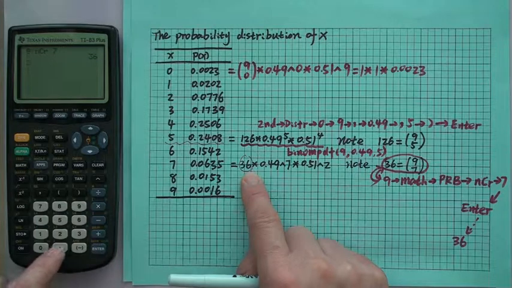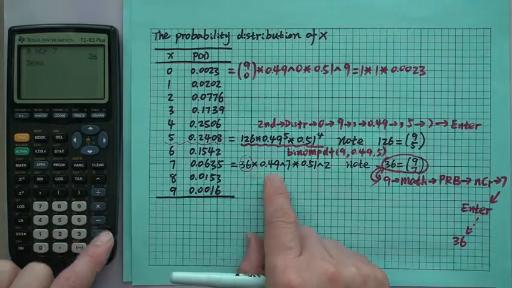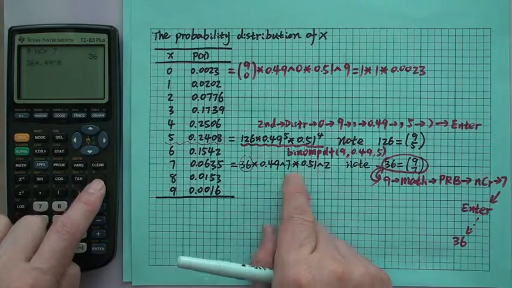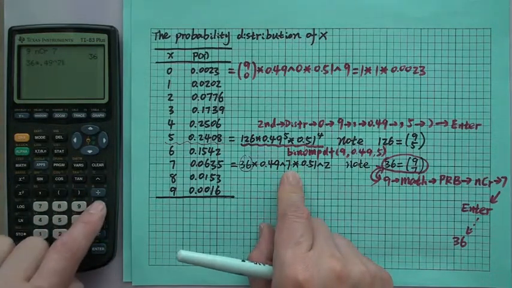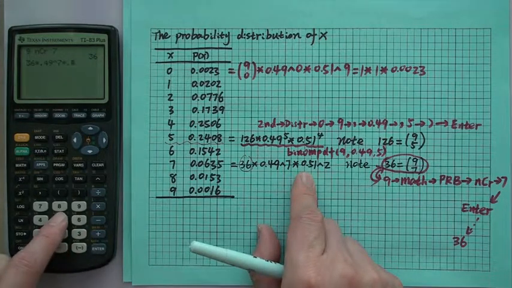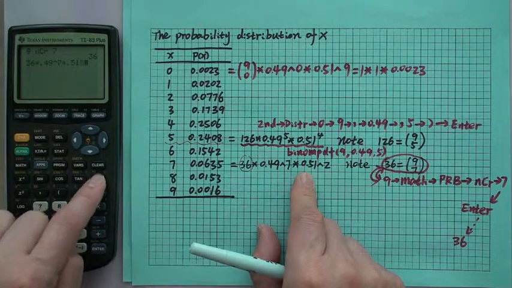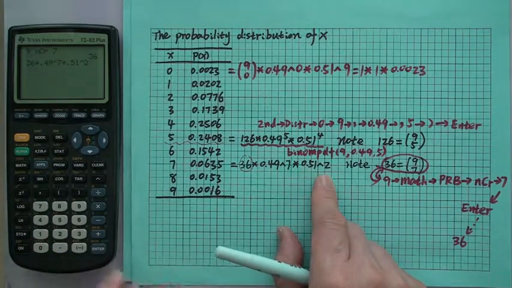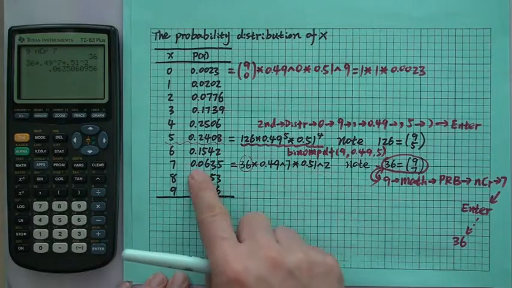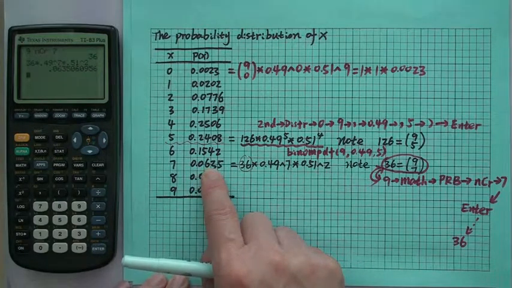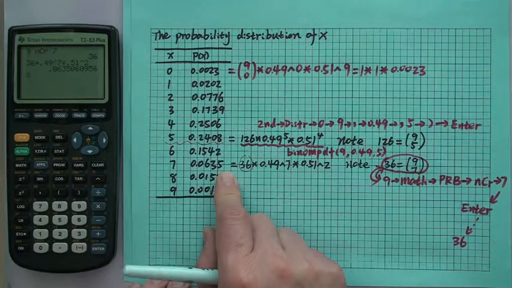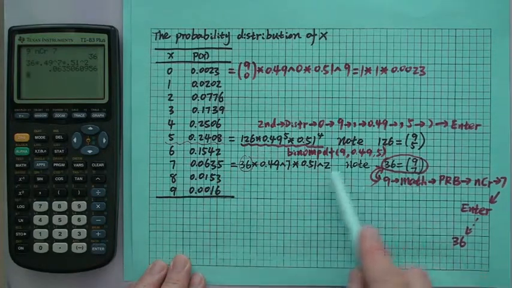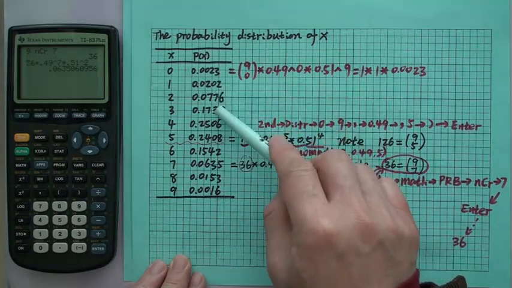Then you use 36 times 0.49 to the 7th times 0.51 to the 2nd. If you hit enter, you then have this value, 0.0635. So you can use this way to find all the values.